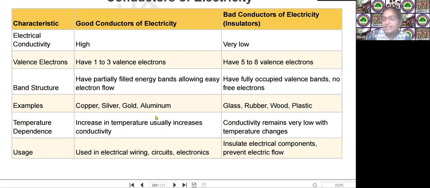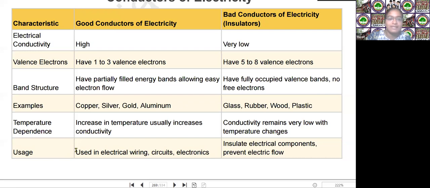Increasing the temperature usually increases the conductivity in good conductors, and conductivity remains very low with temperature changes in insulators.